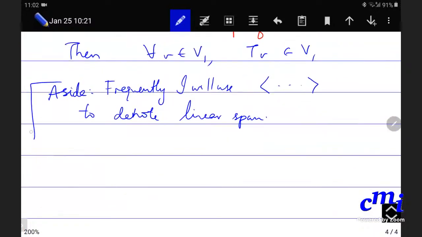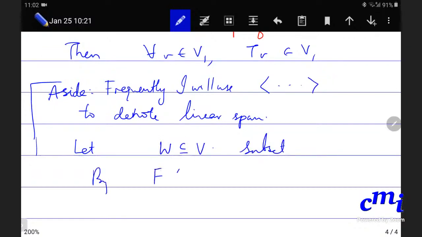Specifically, let W be a subset of V. By F angle brackets W, or sometimes if it's only finitely many elements, we'll just list those elements and not actually as a set.